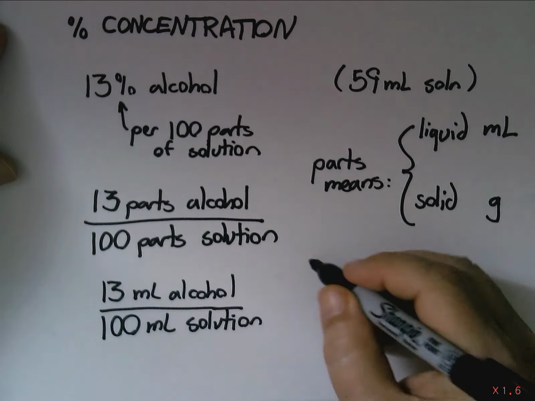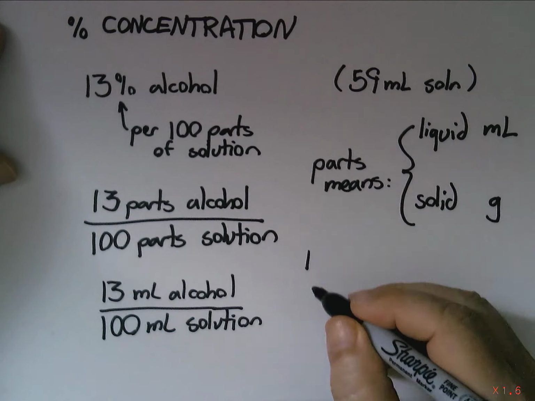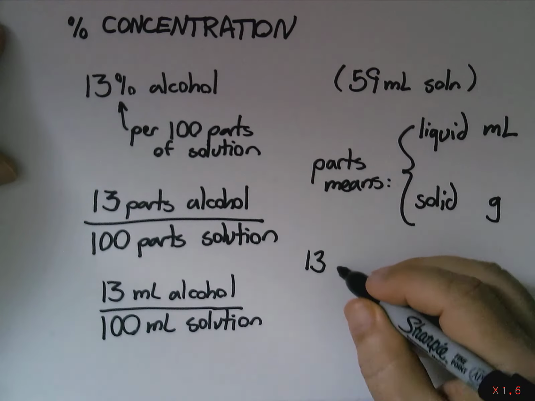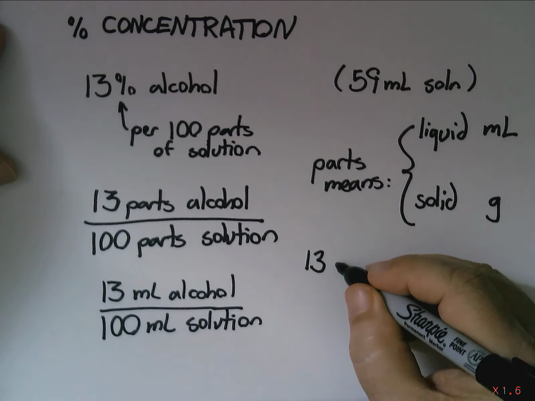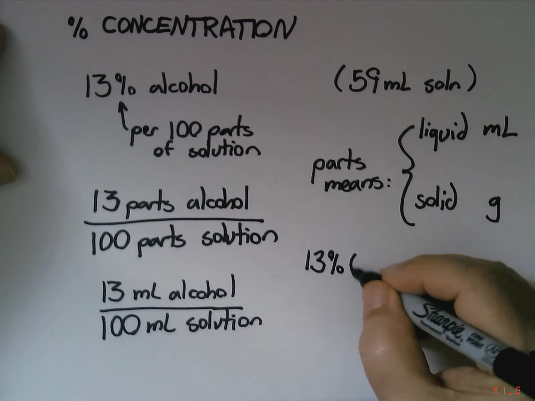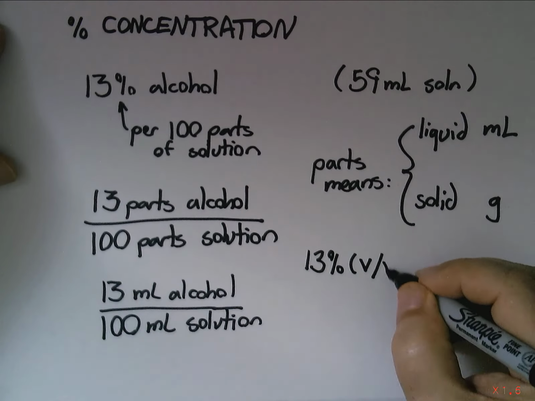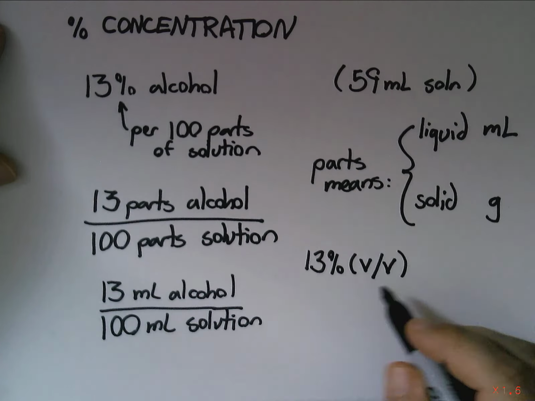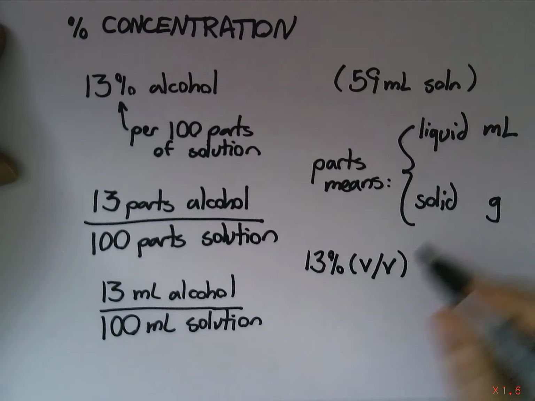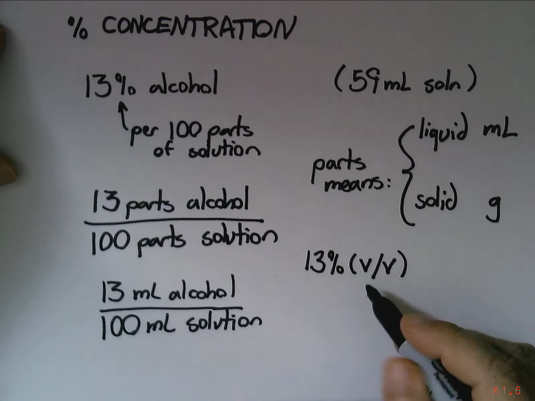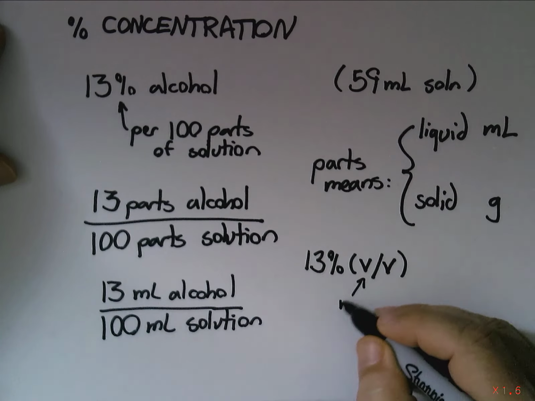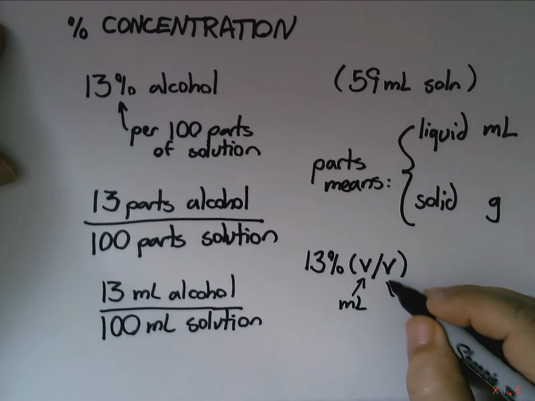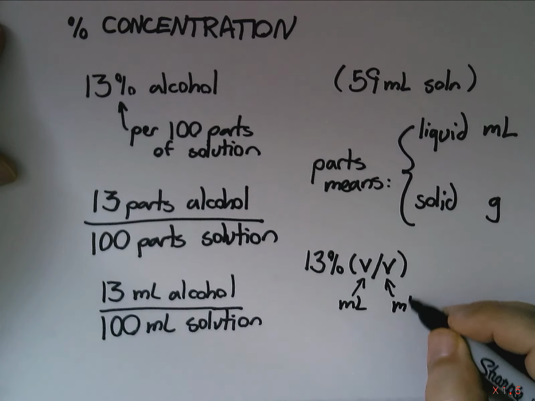So here's how you could have written it down. They'll use a symbol here, V over V. That means volume over volume, and that means use milliliters for alcohol and use milliliters for the solution.